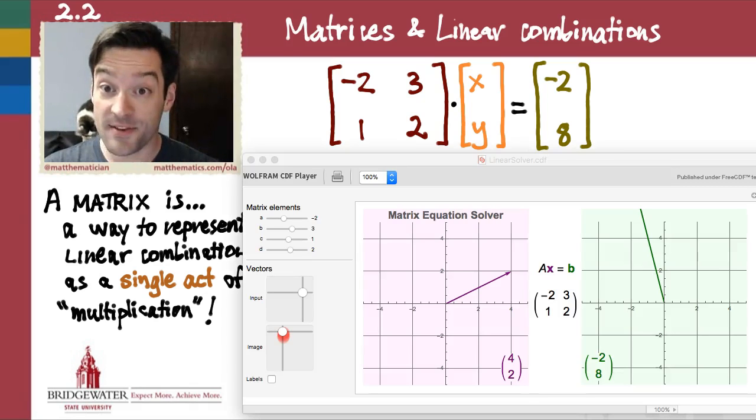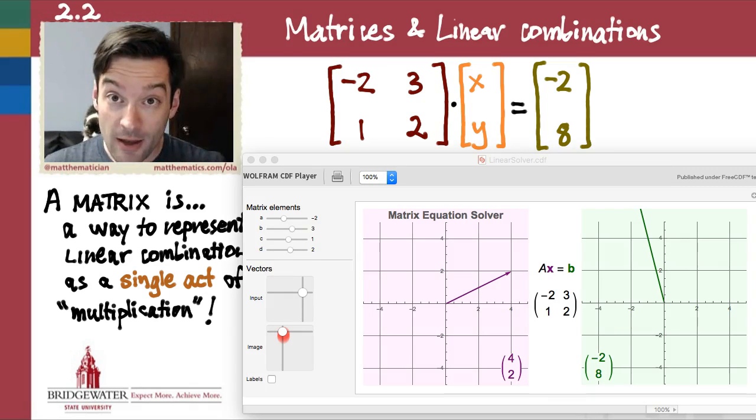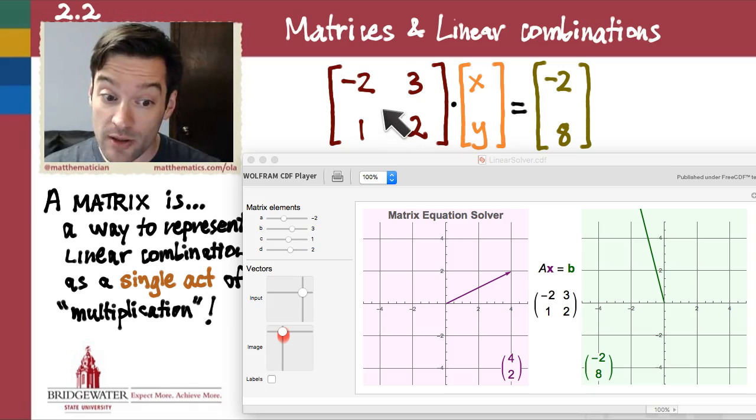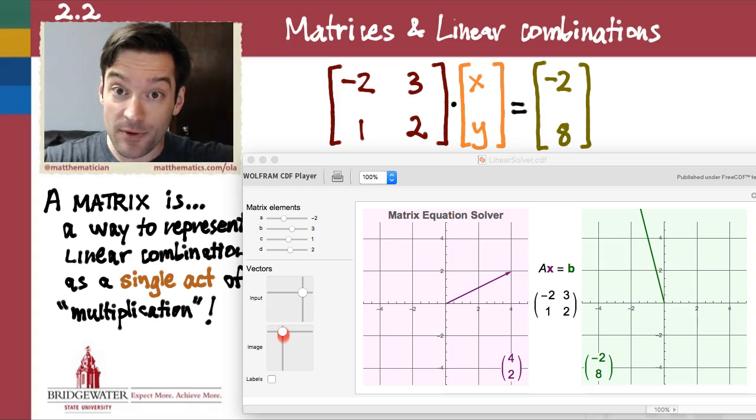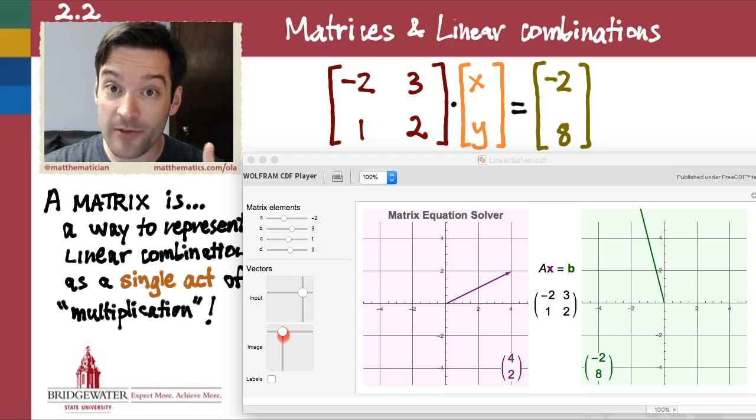The key insight, and one that we will later elevate to what we'll call the fundamental theorem of algebra, is that we can and should think about a matrix like it's a function. And as with any function, it takes in an input and it produces a unique output for every input.